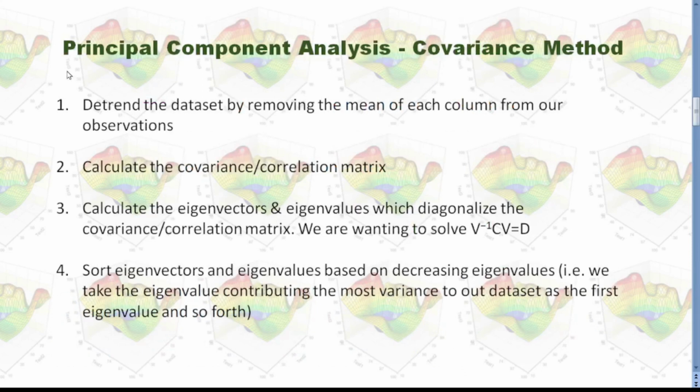This is how we can run this principal component analysis. First, we will demean the data set by removing the mean of each column from our observations. Then we calculate the covariance and correlation matrix. Then we calculate the eigenvectors and eigenvalues.